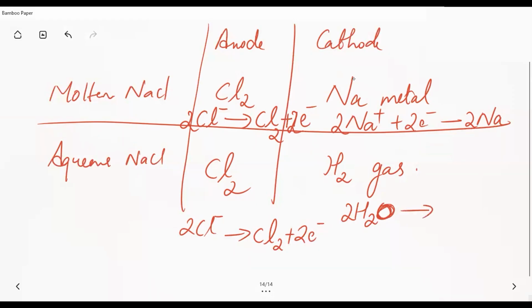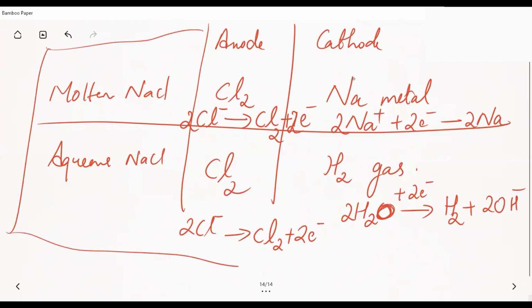It gained 2 electrons and released this hydrogen gas. That is the reaction taking place at cathode. So study this box very well for the exam. Sure, questions will be asked. 1 mark questions will be asked, sometimes 2 marks, sometimes even 4 mark questions from this topic.